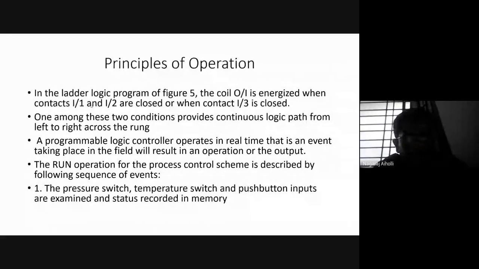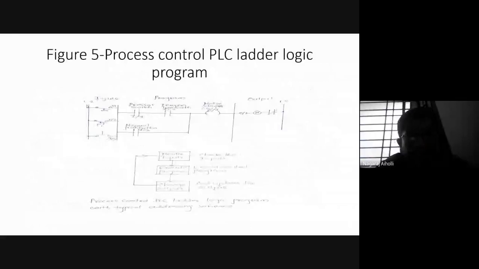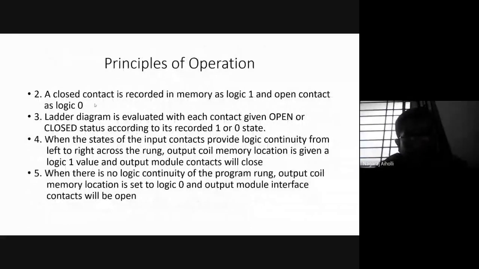The next step, the ladder diagram is evaluated. That is, the ladder diagram is executed. When it executes, it checks whether the contact is closed, whether a 1 is stored in the memory. If yes, then accordingly it will operate. It will check if a 0 is stored in the memory. If 0 is stored, then what it should control and how it should control, all that it will decide based on the way in which we have written the program. Is it not, students?